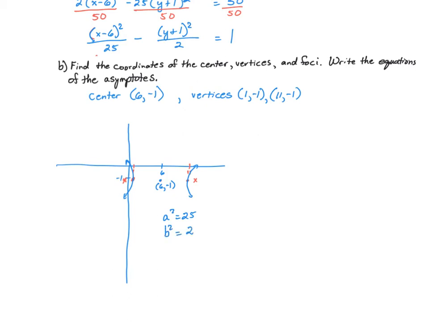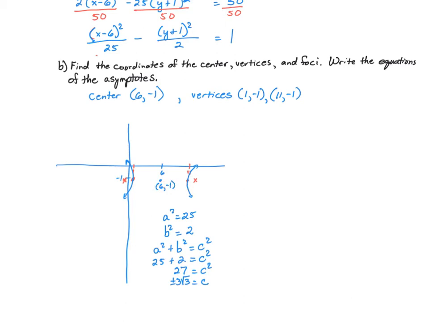I know the relationship between a's, b's, and c's in a hyperbola is a squared plus b squared equals c squared. So let me pop in the numbers. I have 25 plus 2 equals c squared. So 27 equals c squared, and when we take the square root of 27, we get 3 square root of 3. So I know I go in the x direction, horizontally, 3 square root of 3 to get over here.